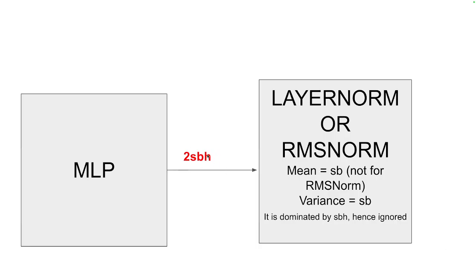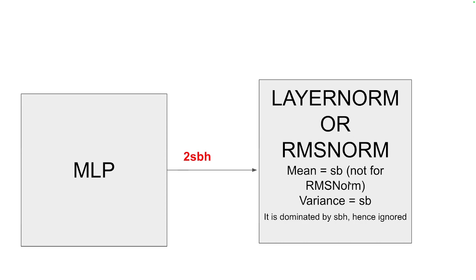And after you do the dropout, you will send in again SBH activations, and as your precision is BF16, it is total 2 SBH, and this will again go through another post layer norm.